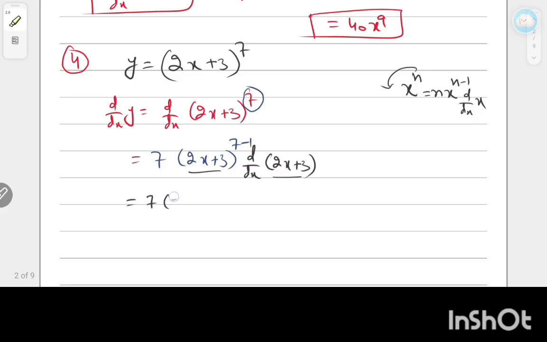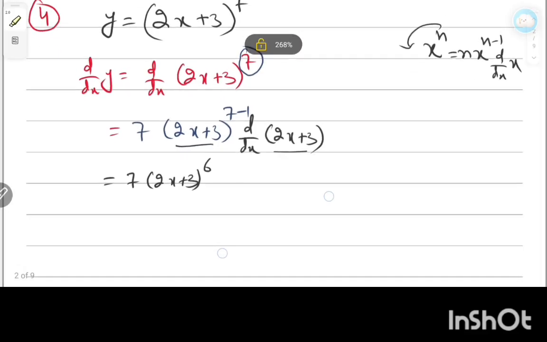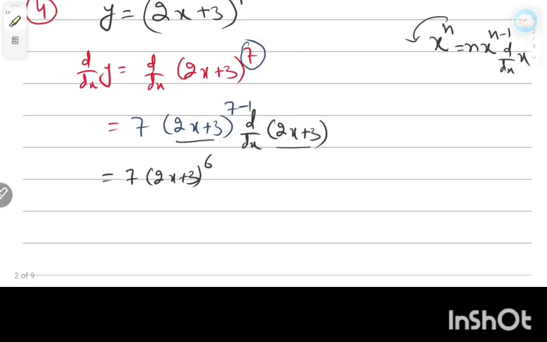Now here is 7, (2x plus 3), power 6, and the derivative of 2x plus 3 is the derivative of 2x and the derivative of the constant 3. Now 7, (2x plus 3) power 6, so 2 is the same. What will be the derivative of x?